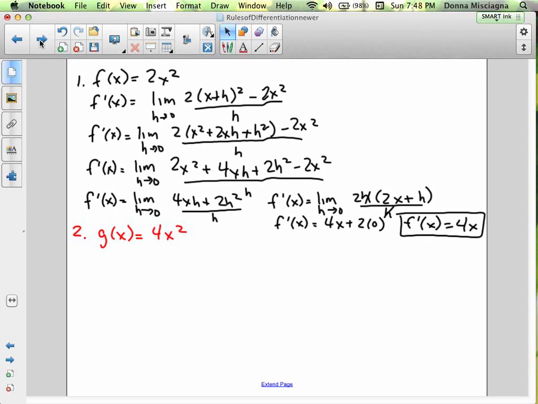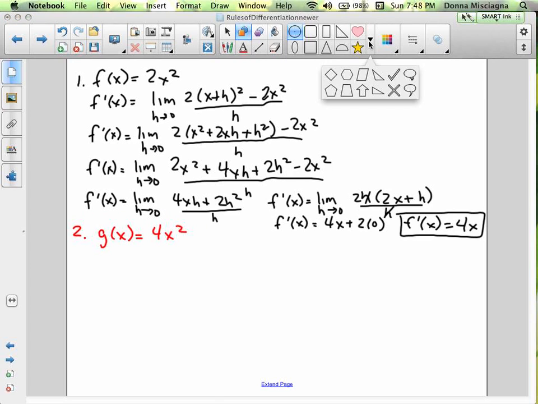So here's my first function. It's f of x equals 2x squared. Right? So to find the derivative, I'm going to have a handy dandy little arrow to do my pointing for me. There's my handy dandy arrow.